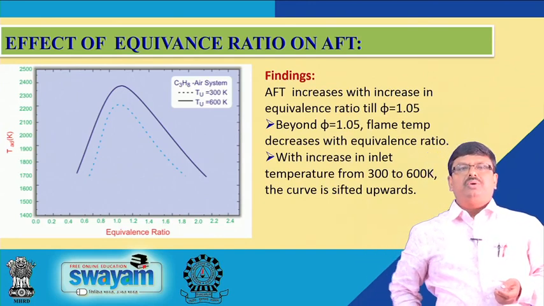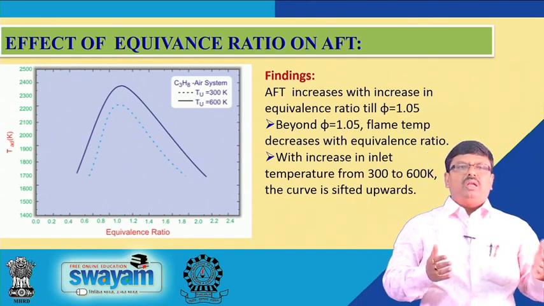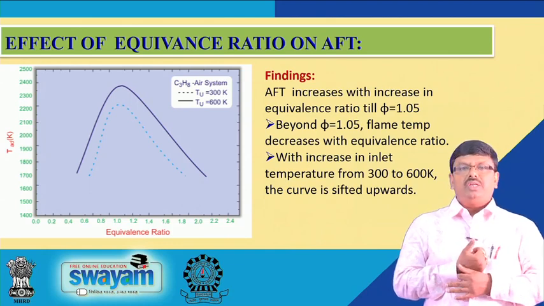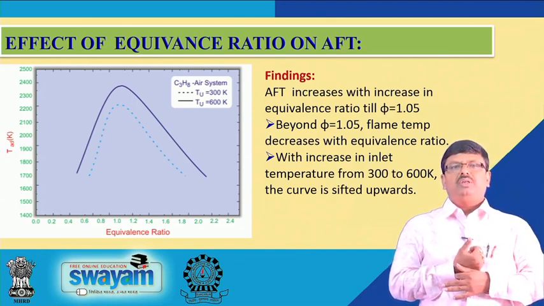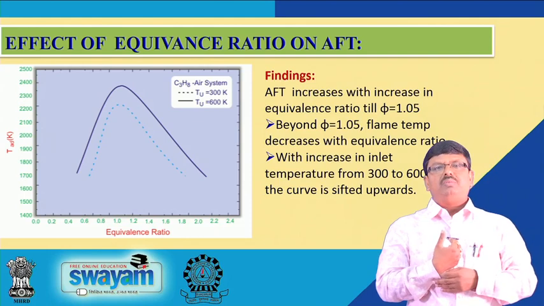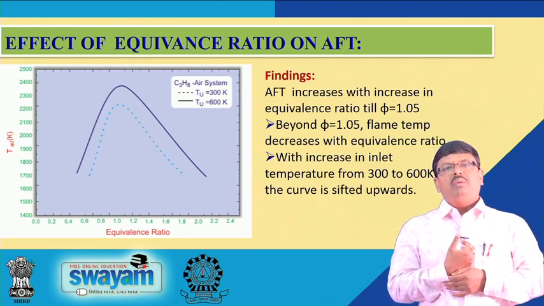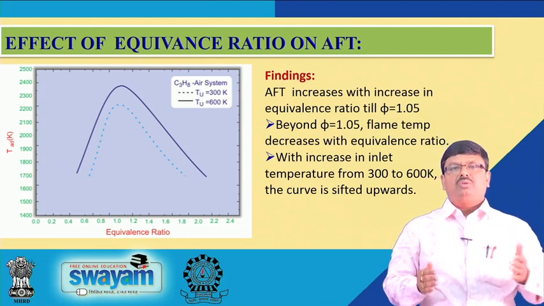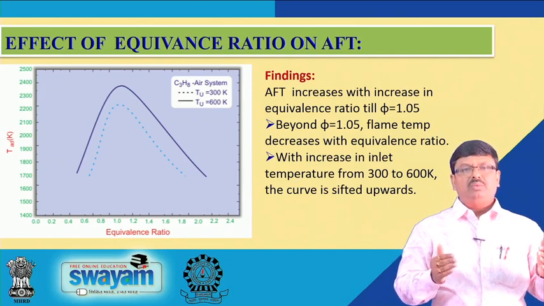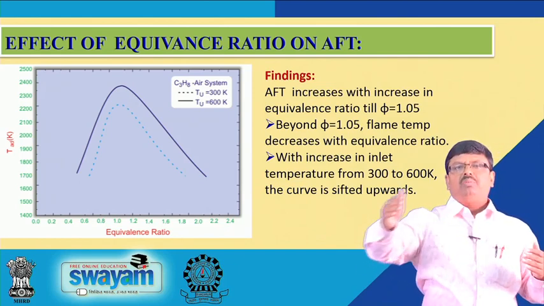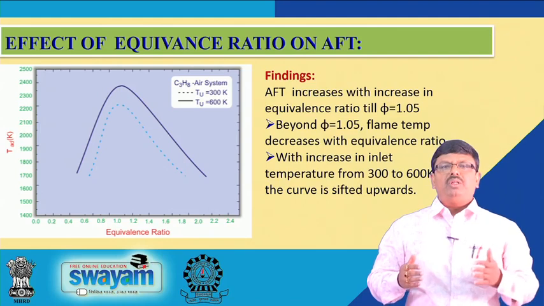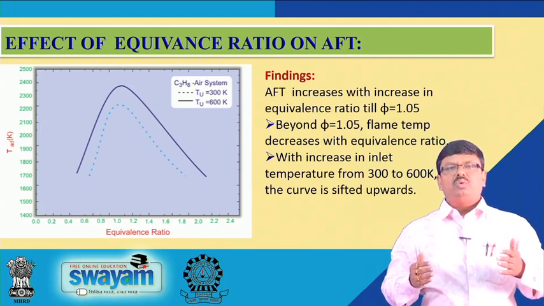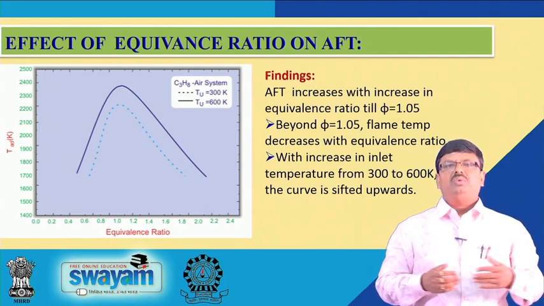Effect of equivalence ratio on AFT. The equivalence ratio is nothing but the fuel-air ratio of the mixture. This is expressed here, phi equals 1.05. AFT increases with increase in equivalence ratio, but it does not necessarily mean it always increases. Beyond this value, phi equals 1.05, the flame temperature decreases with equivalence ratio.